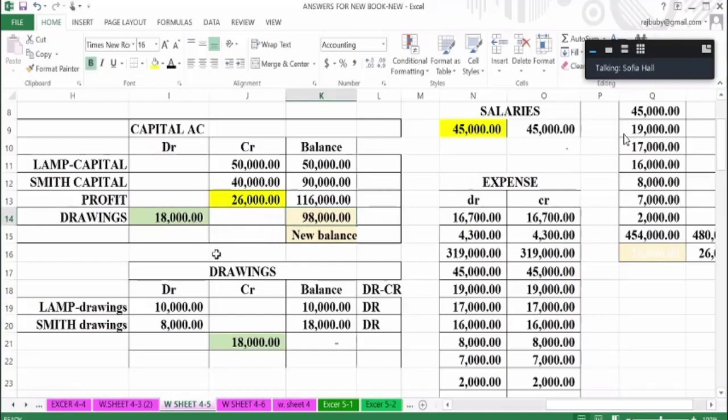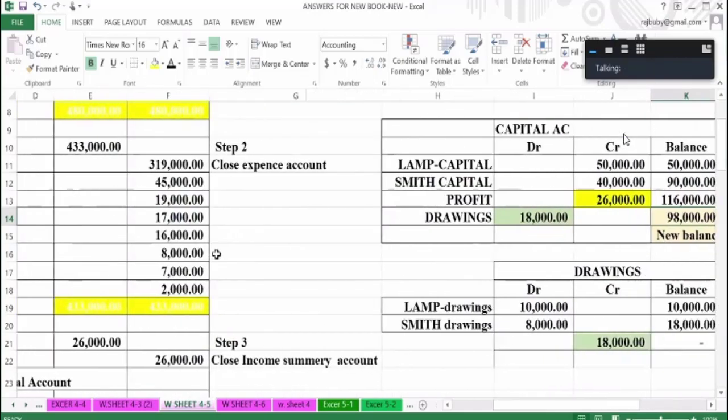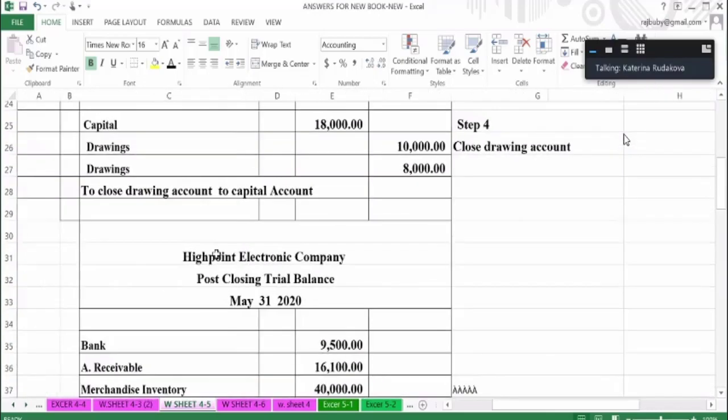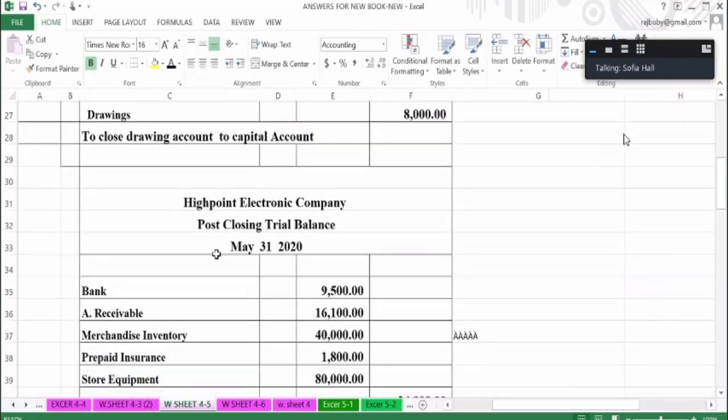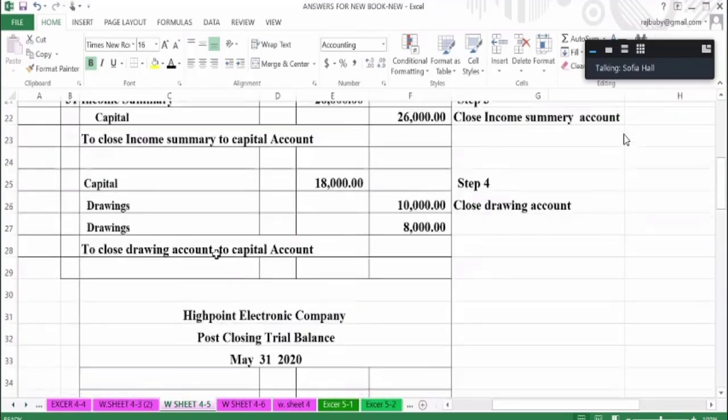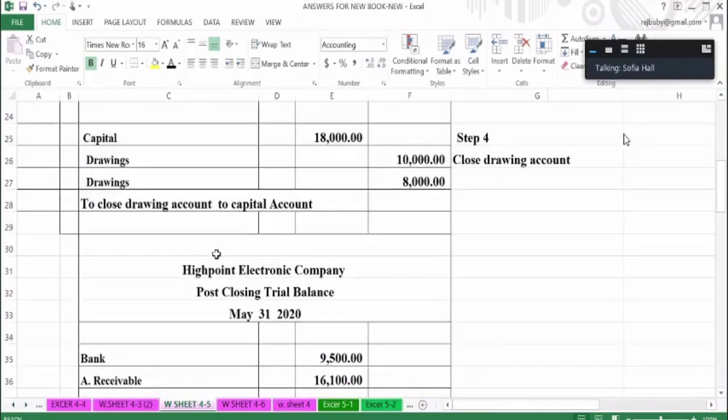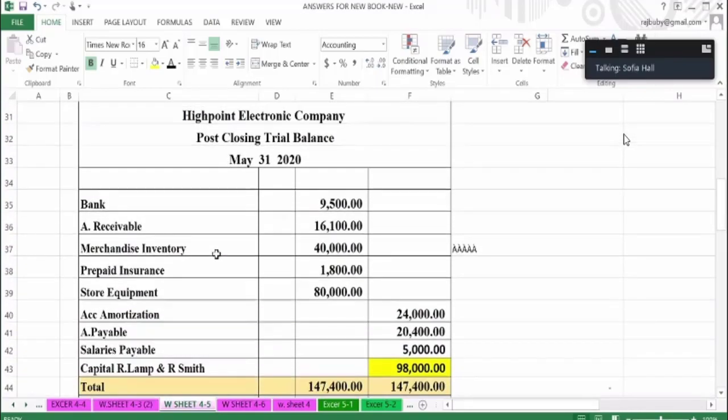Now you are going to prepare the post-closing trial balance. In the post-closing trial balance, all the balance sheet items are exactly the same amount. Only the capital is going to be the new capital, because in your book you have capital 40,000 and 50,000, 90,000.